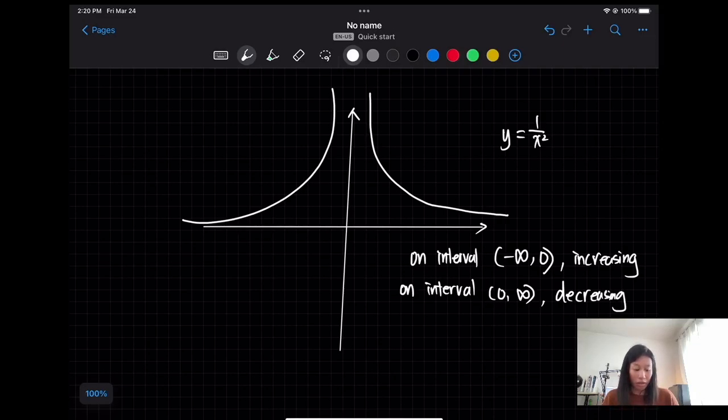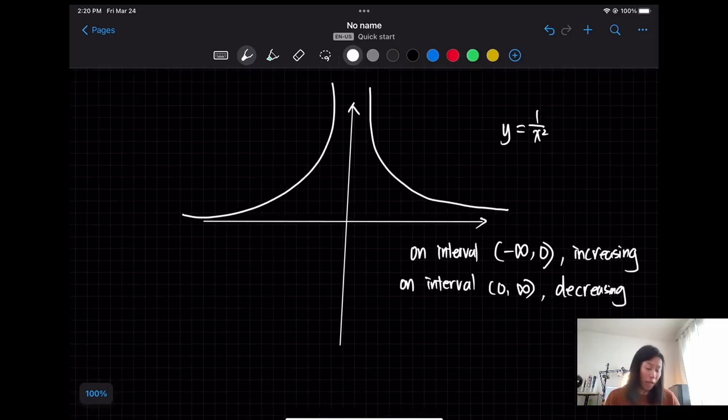And we know that there's no local maximum or local minimum, so there are no local extrema points.